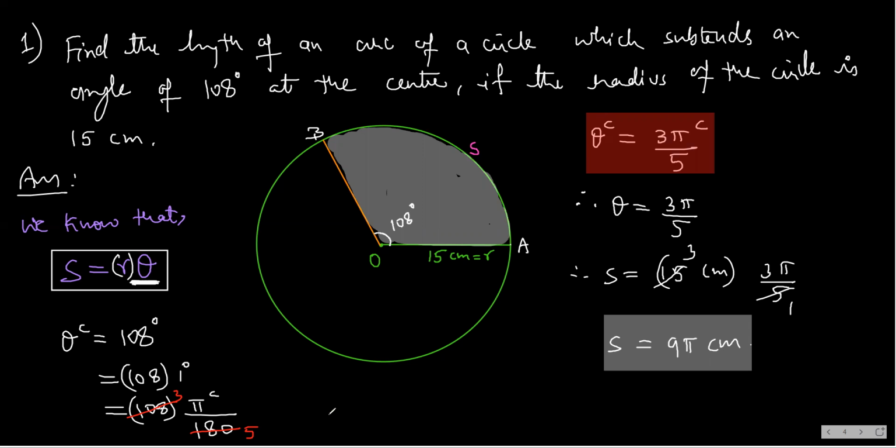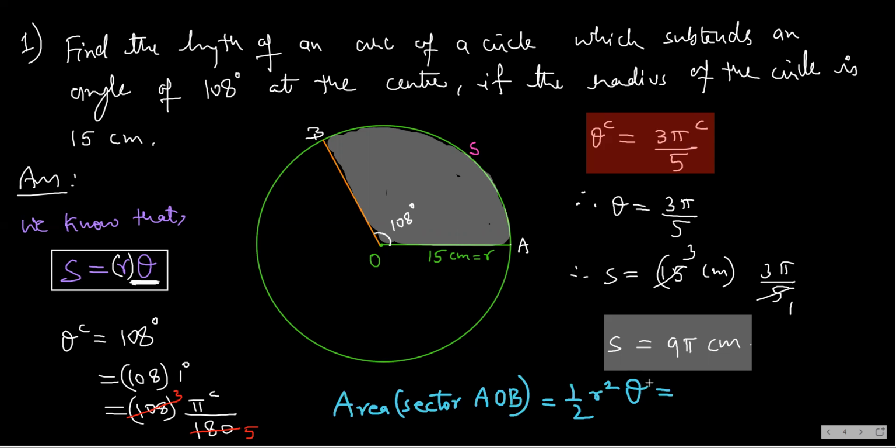I will write here area of the sector. First of all, I will assume this as A. So area sector AOB, it's A, O and B, remember. So area sector AOB is, I'll write half r square theta. Once again, remember students, in this formula where you are writing theta, what is that theta?